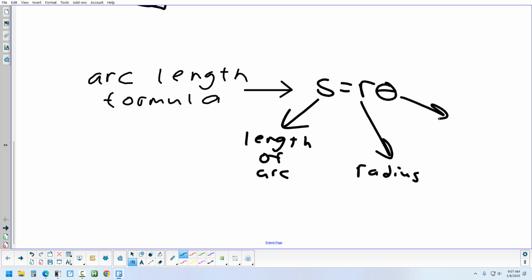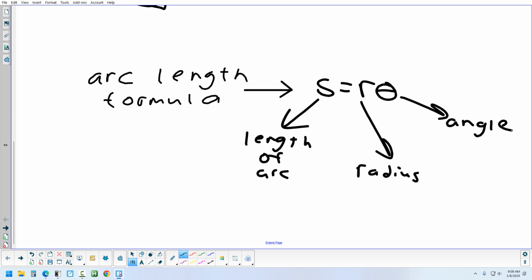And theta, what did we say that a Greek letter is always used for in trig? How about more generally? Theta represents an unknown angle, yeah. So theta is an angle.